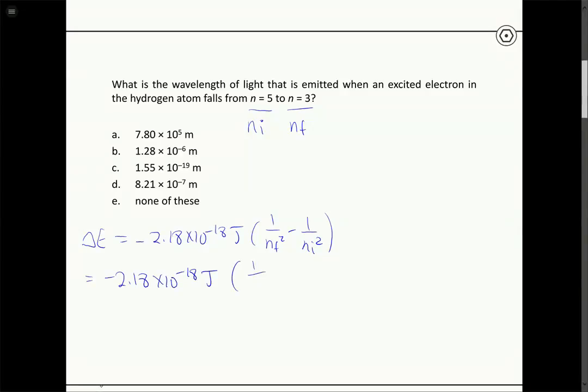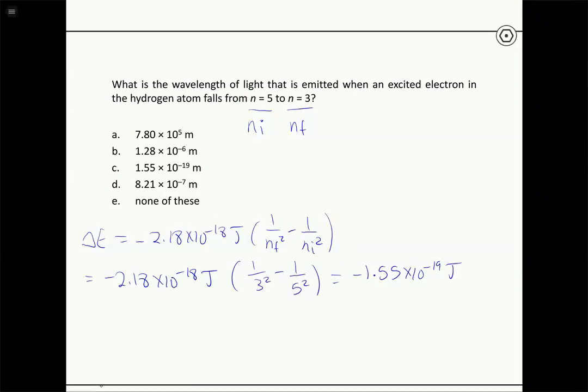The final value of n is 3, the initial value is 5, and when we put these into the calculator, we get a delta E of minus 1.55 times 10 to the minus 19 joules. That's the energy change of the electron as it moves from n equals 5 to n equals 3. It's going from a higher value to a lower value, so delta E is negative.